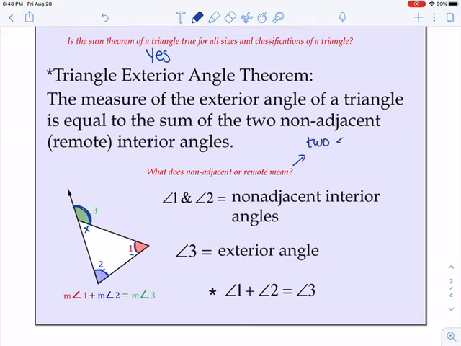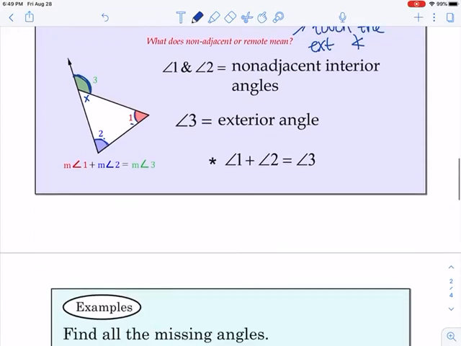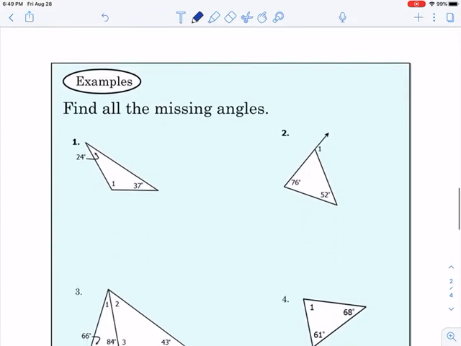So again, in the picture, angle 1 and angle 2 are your non-adjacent interior angles, and angle 3 is the exterior angle. Therefore, if you took the measure of angle 1 and added it to the measure of angle 2, it would give you that exterior angle, number 3.